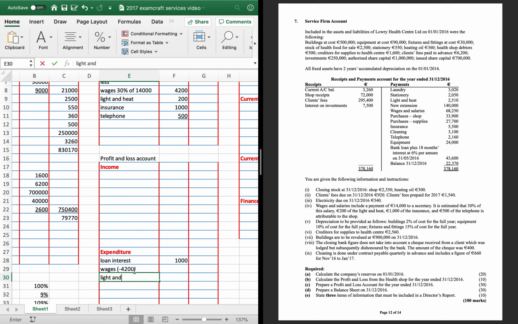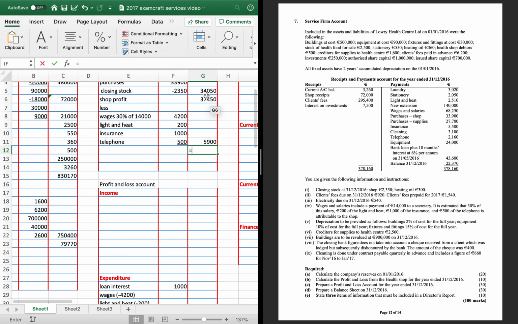Light and heat minus 200, just so as I remember to do this later on. Insurance minus 1,000, and telephone minus 500. So I've got those in for later on. Okay, so at that point I'll add up my expenses, and I'm going to take them away. That's my shop profit, which is going to go in as my first income.